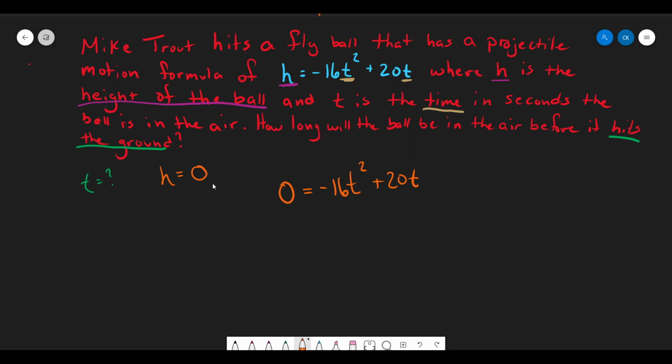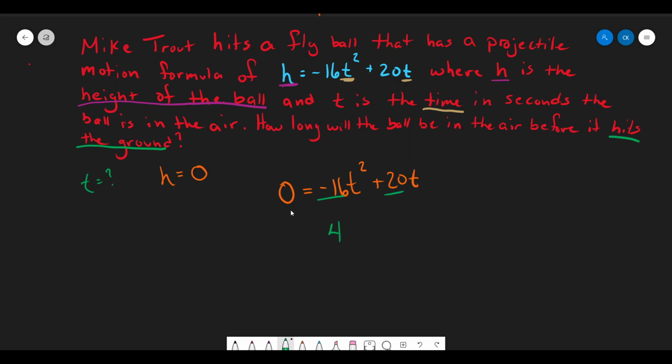Now this is just a problem like we were working with before. We have a quadratic, a polynomial function that's equal to 0. So all I need to do is factor this side. I'm going to look for a GCF between negative 16 and 20. In this case, the best GCF would be 4, right?